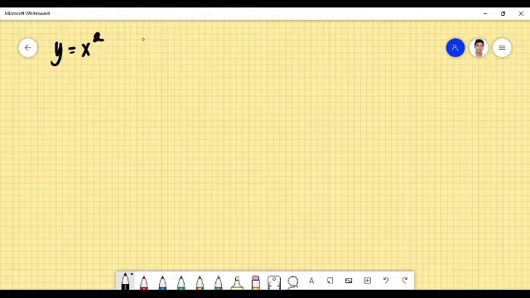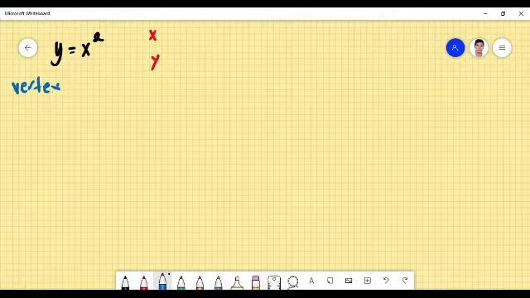So the first thing that we need to accomplish here is the table of values, having the values of x and y. And another thing is that we need to first get the vertex of this particular quadratic function.